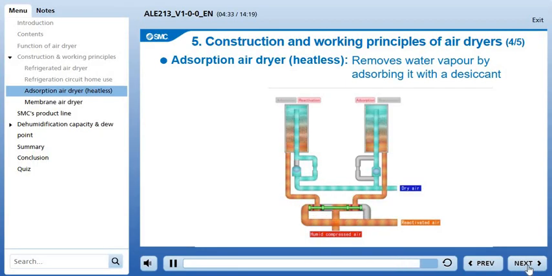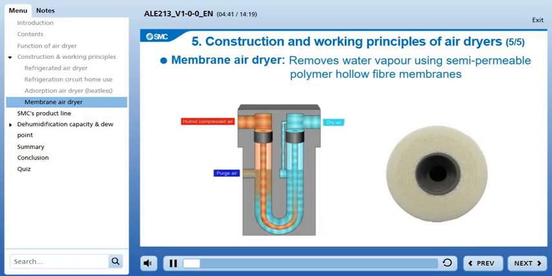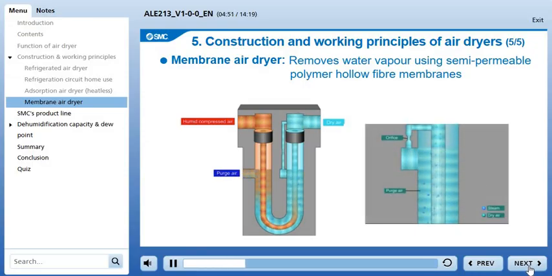Because it uses a solenoid valve, this type of air dryer requires a power supply. The second type is the membrane air dryer. This type uses a bundle of fine straw-shaped membranes called polymer hollow fiber membranes. When air passes through these hollow fibers, their membrane is permeable only to moisture. This property is used to dehumidify the air.